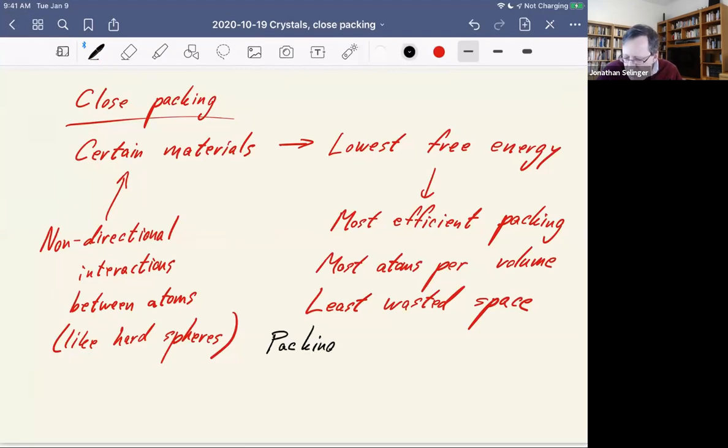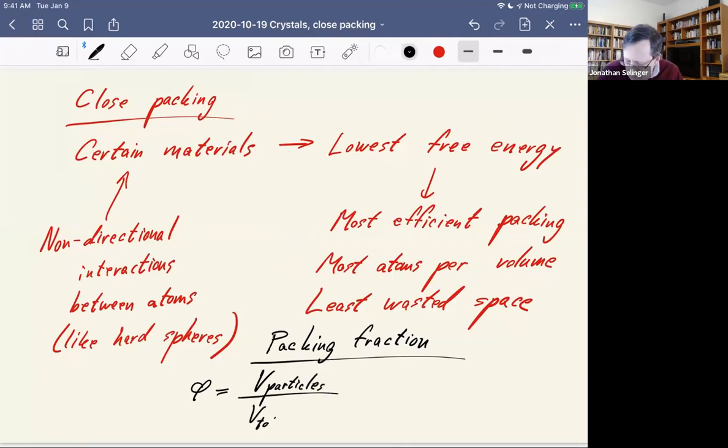parameter called the packing fraction. So commonly written as phi, that is the volume that is taken up in particles divided by the total volume.